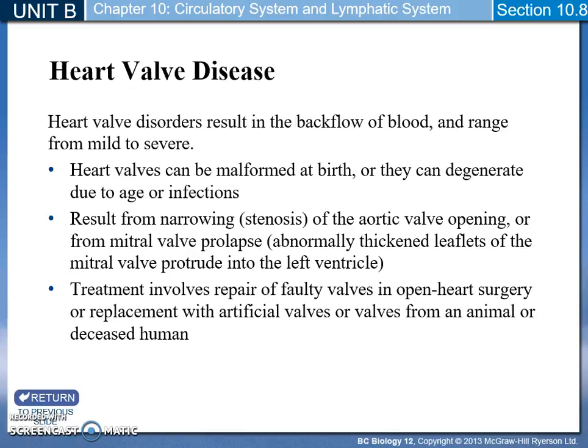But they've improved the artificial valves considerably, and these problems don't seem to occur any longer. But if they need to be replaced, it is quite a procedure. It does require open heart surgery in order to deal with these situations.